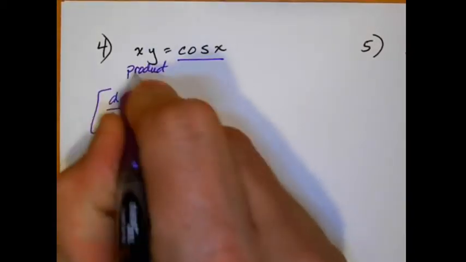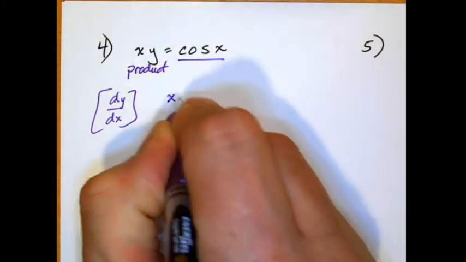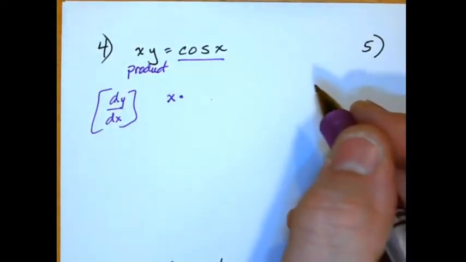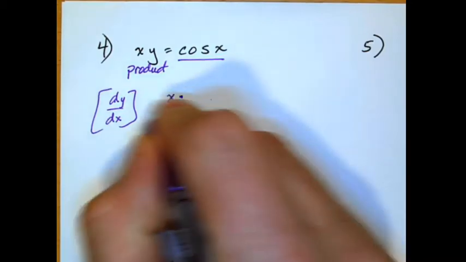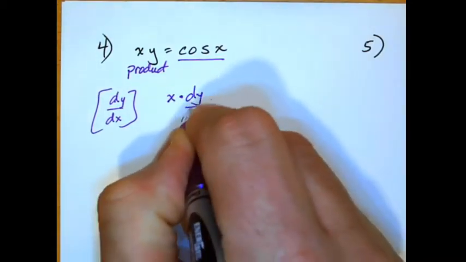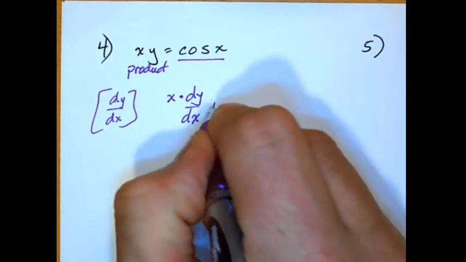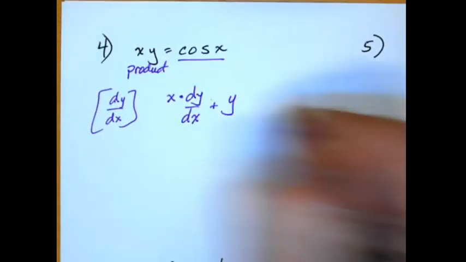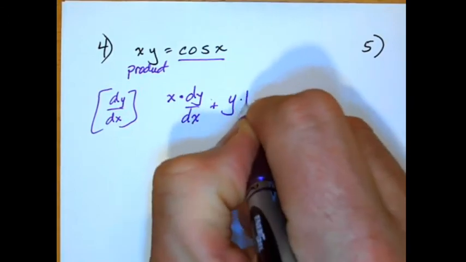So the product rule, the first times the derivative of the second, and the derivative of the second is 1, but since we took the derivative of y, we must include the dy/dx. Plus the second, which is y, times the derivative of the first, which is just 1.